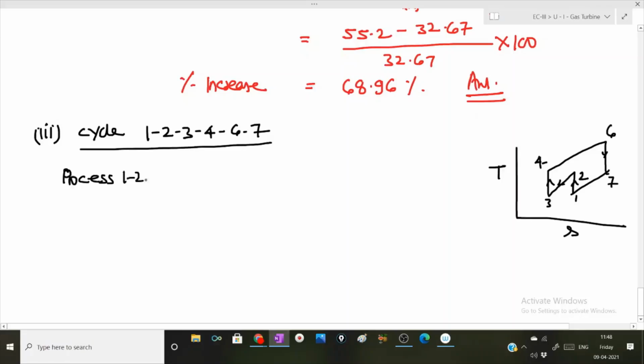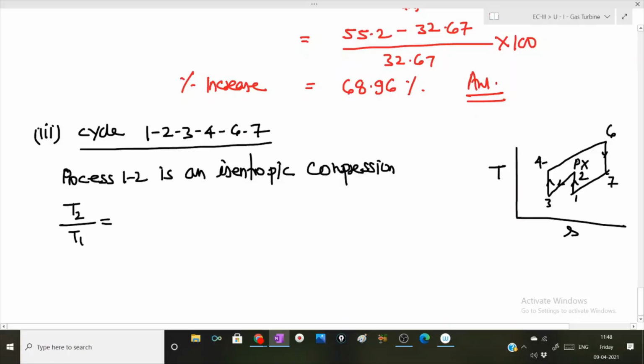Process 1 to 2 is an isentropic compression. That means T2 over T1 is equal to Px over P1 to the power gamma minus 1 over gamma, where I have considered this pressure as intermediate pressure Px, this as P1 and this as P2.